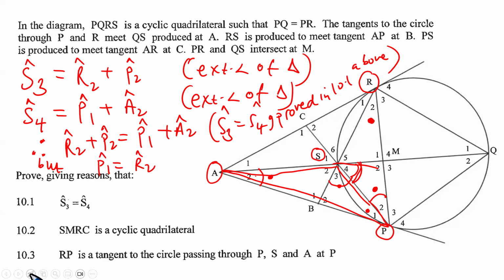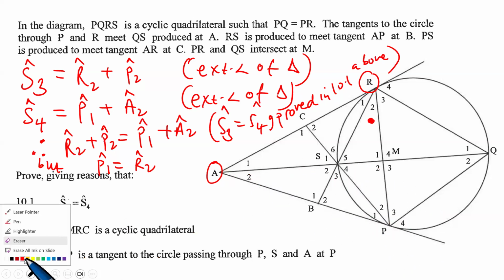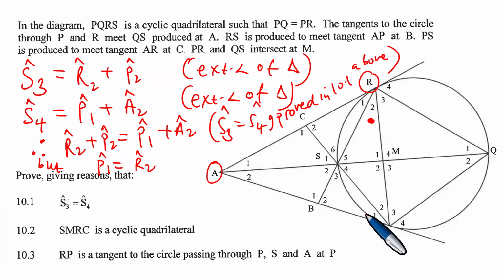Let's just clean up a little bit here. It is true that the angle P1 is equal to the angle R2, and this is due to an obvious result, the tan chord theorem.